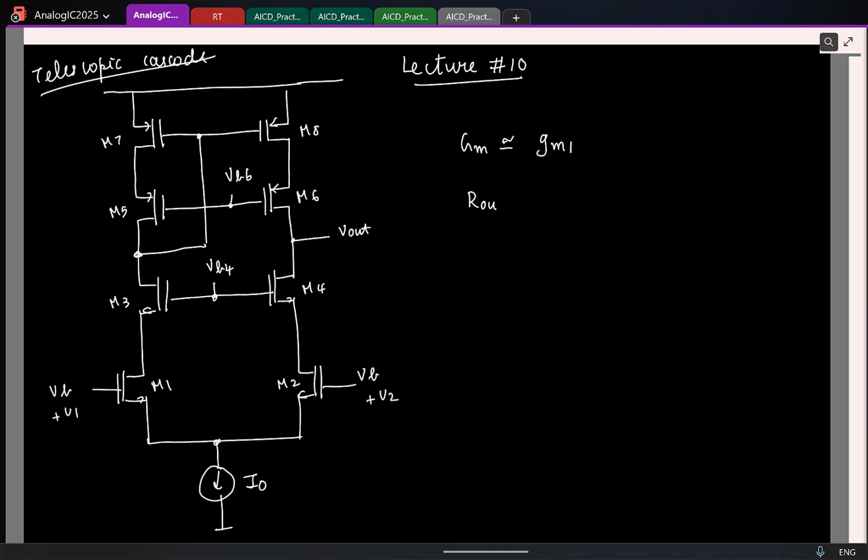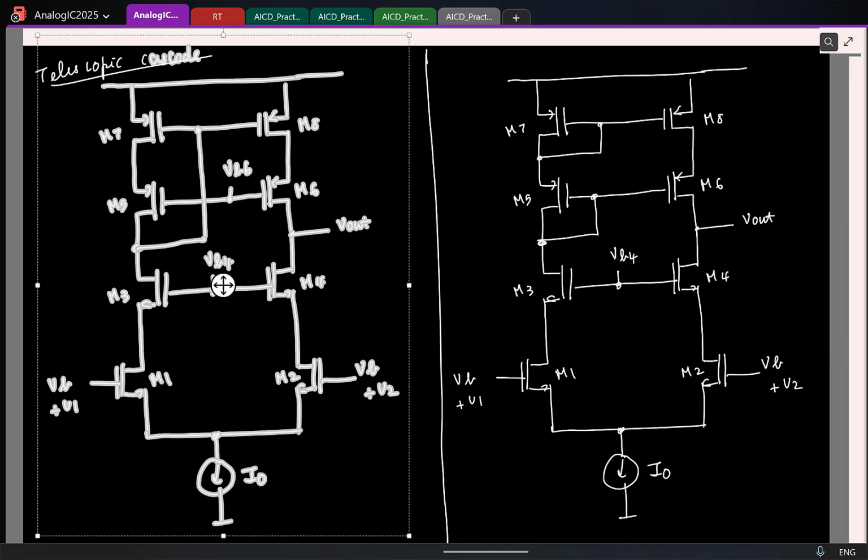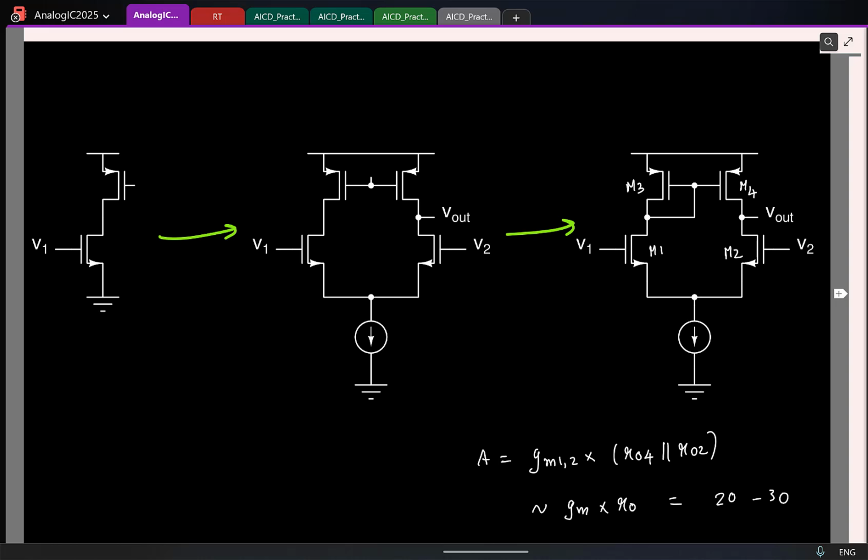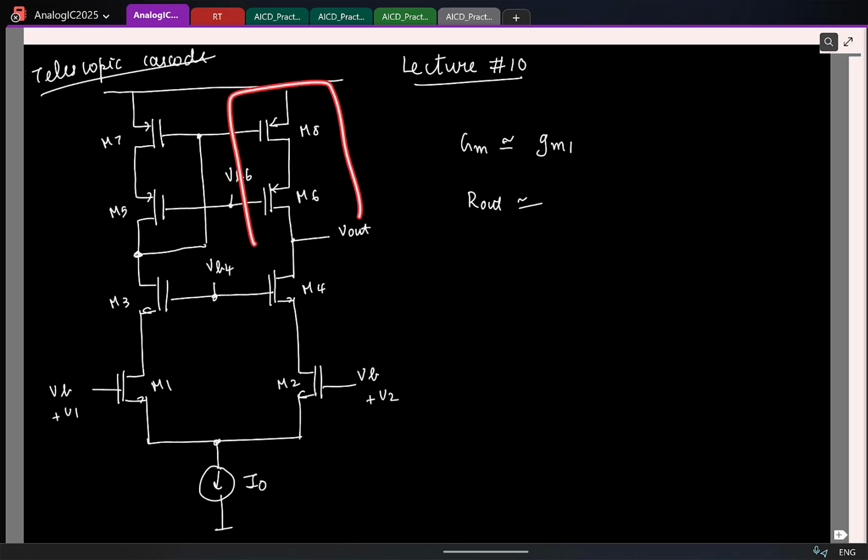Similarly, what is my Rout? Again, in the 5 transistor OTA case, the final expression was simple. It was the resistance looking up, in parallel to the resistance looking down, that's all. Similarly, here it should be the resistance of this in parallel to the resistance of this.